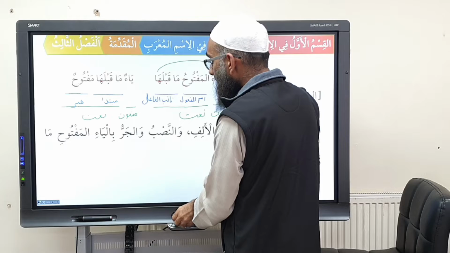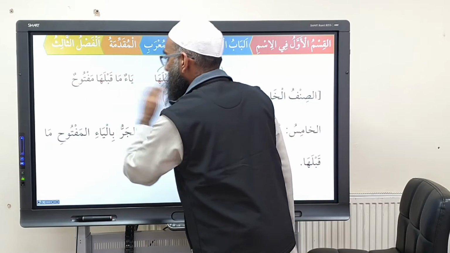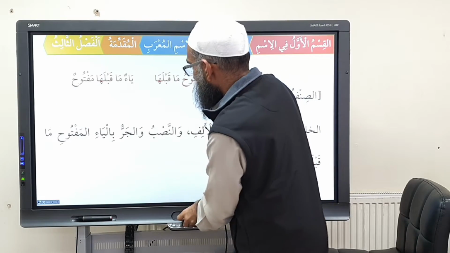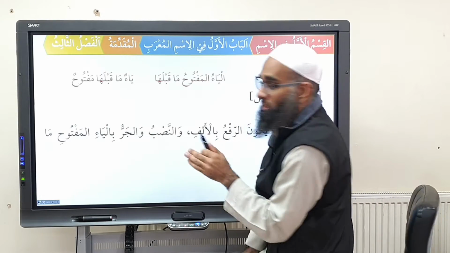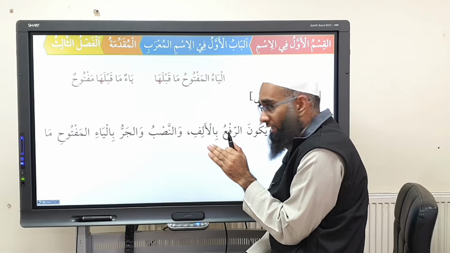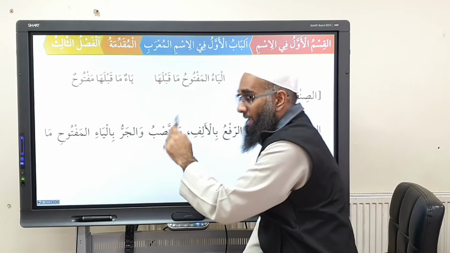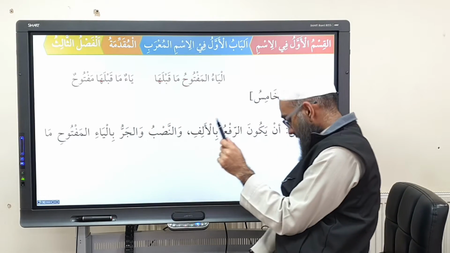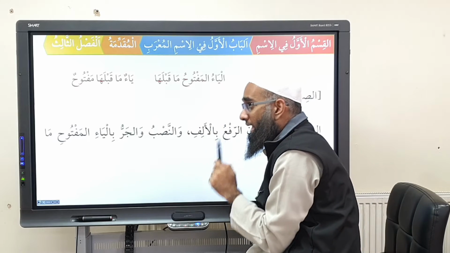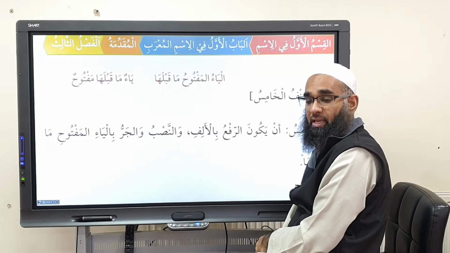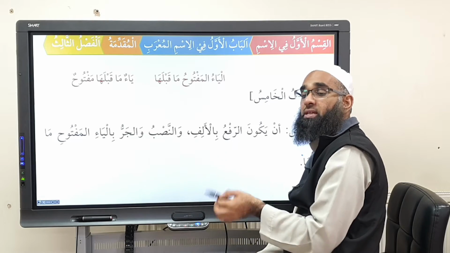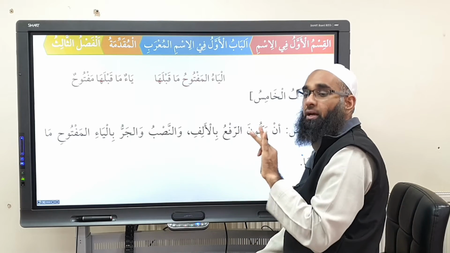Okay? Now that we've understood this, hopefully inshallah, let's go back to the text. So the fifth is that rafa is via alif, nasab and jar is via a ya, via what? A ya qablaha, before which there is a maftuh word, or before which there is a word with a fatha, or before which there is a fatha.